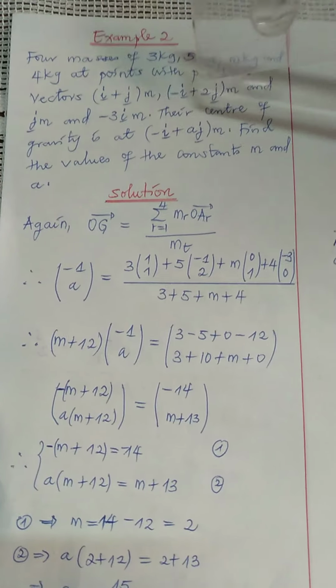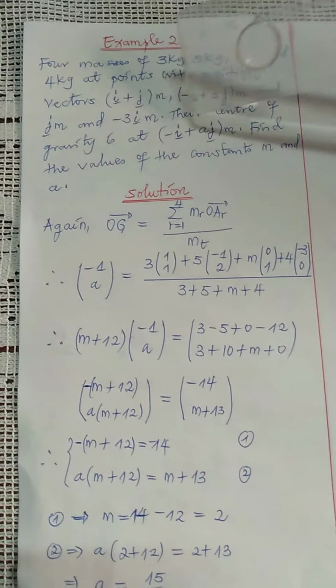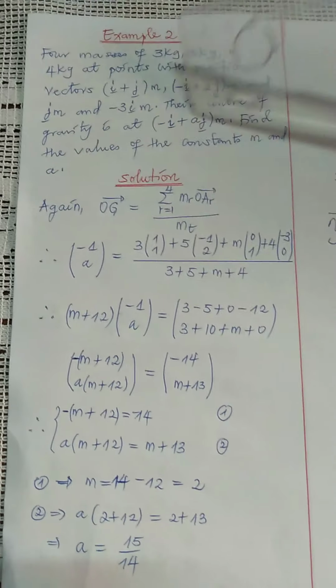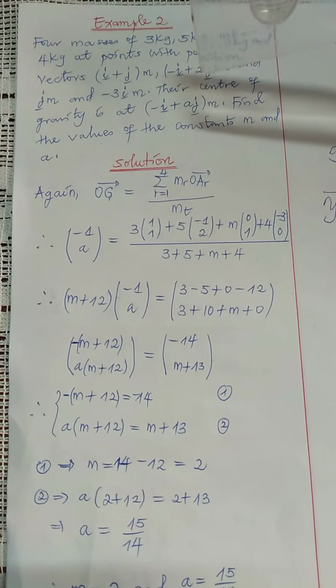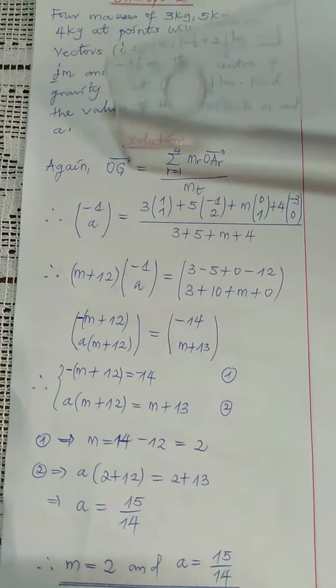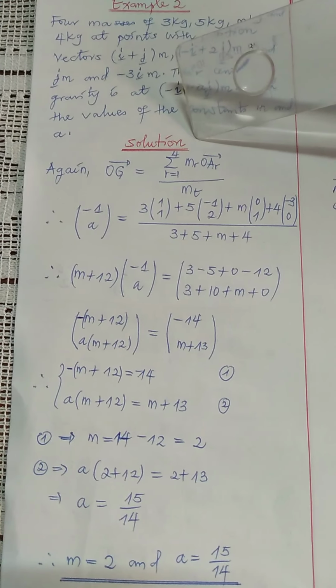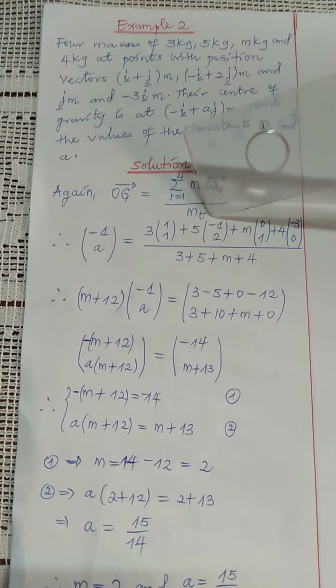Then once more, an exercise example. We have masses of this and this placed at points with position vectors that and that, and we are told that the center of gravity is at the point negative i plus aj. Let's find the values of the constants m and a. So simple. We apply once more the formula. OG is the sum of masses times position vectors all over total mass.